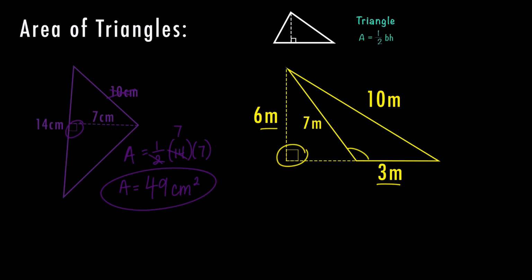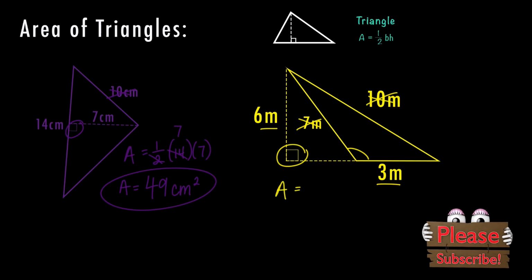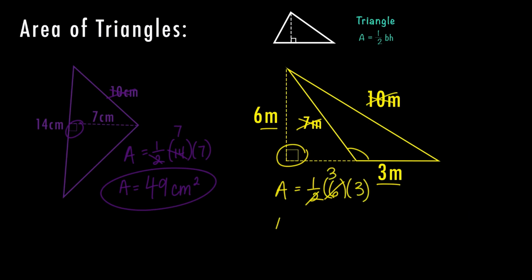So that is still your base. This time I do not need the 7 or the 10 meters. Let's plug this into our formula. 1/2 times 6 times 3. I know half of 6 is 3. So my final answer is 3 times 3, which is 9 meters squared.